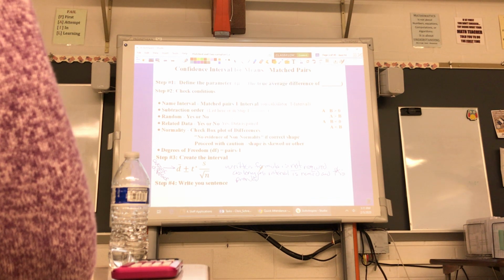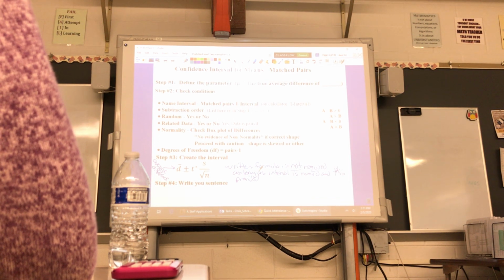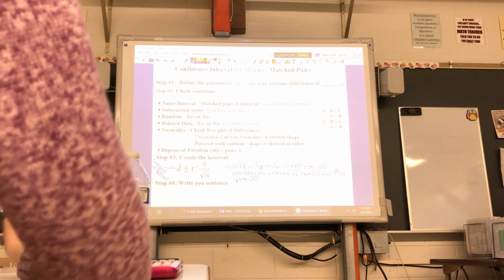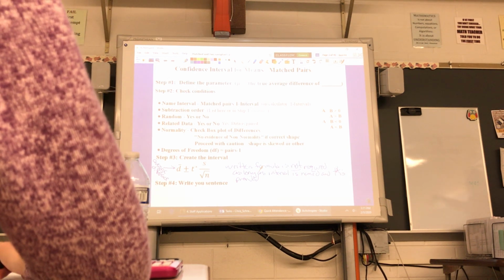And so if I forget to write matched pairs t-interval in the conditions, but I write out the formula properly, those kind of counteract each other.